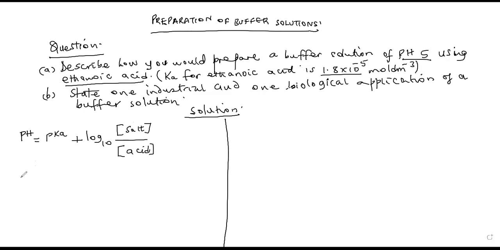So our pH has been given as 5, equal to pKa. We are given Ka, so we shall say negative logarithm of Ka, which is 1.8 times 10 to the power negative 5, plus logarithm of the concentration of the salt.